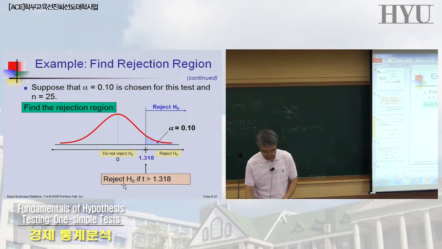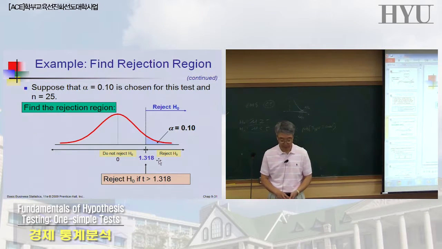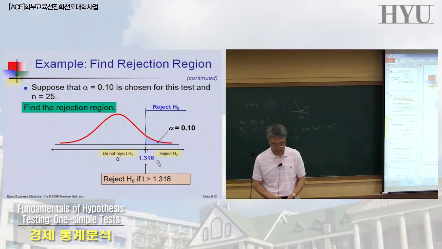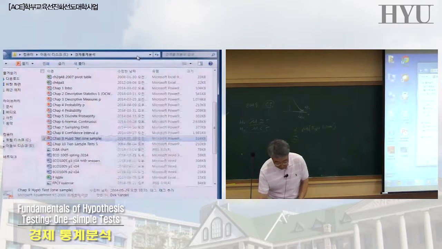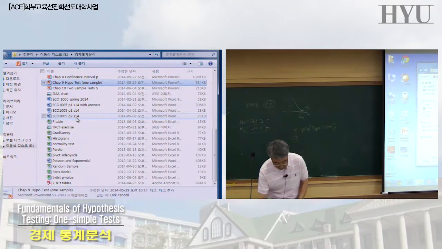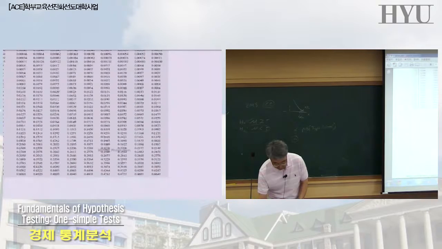All right. So first of all, the critical value to set up the rejection region. The question says you want to use an alpha level of 0.1, right? And in this case, the sample size n is 25, right? So from the T table, where can I find the T table? All right, go to the T table.